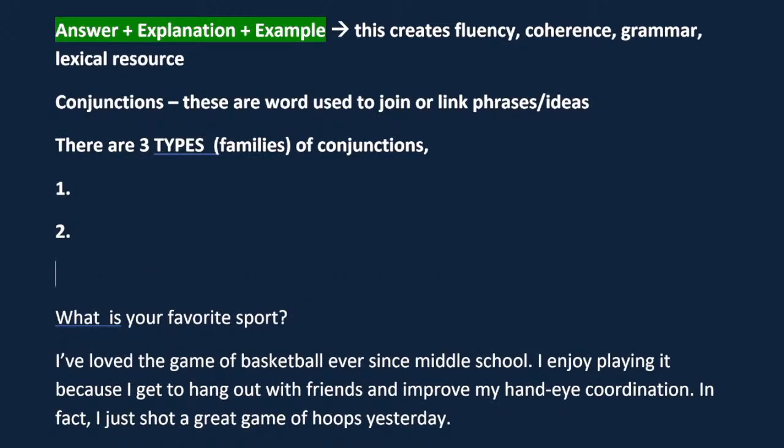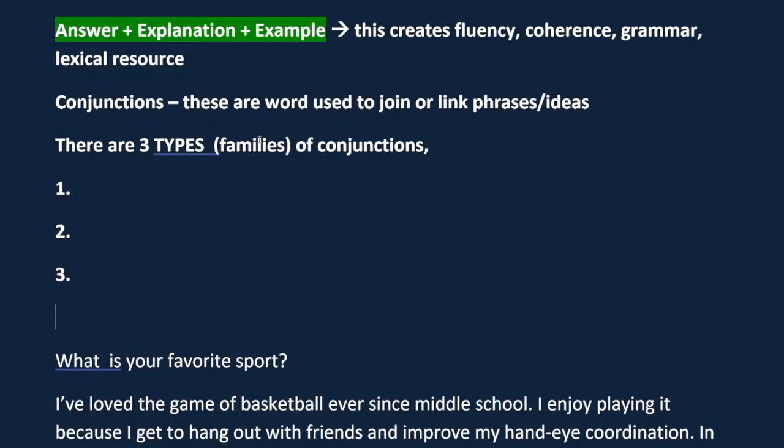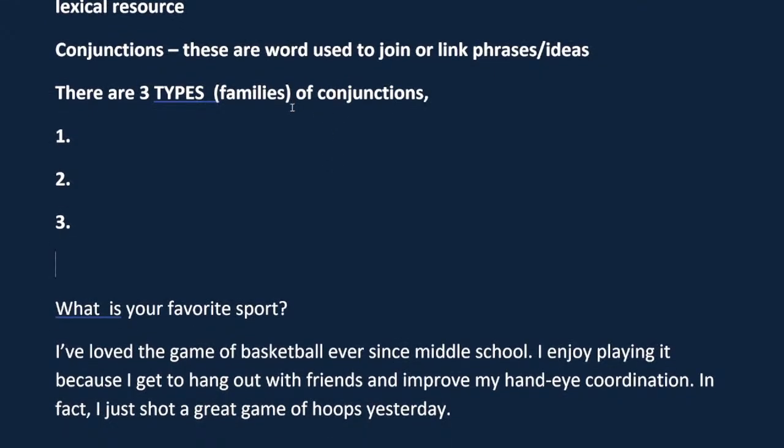And you definitely want to learn these for IELTS. So when you're at that band 5 or 6 level, and then you want to reach that band 6 and band 7 and then band 8 level, you really, really want to have clarity and understanding of these different families of conjunctions and be able to use them effectively.